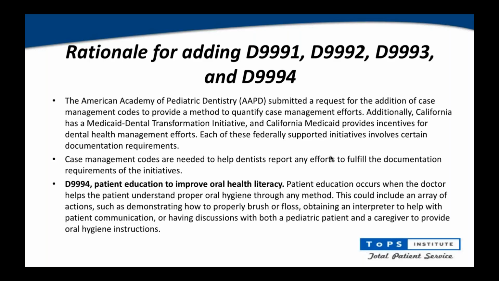And so with these 4 codes, being able to be a good case manager or concierge of care, being the quarterback of the systemic link of the oral health, this gives us 4 great codes to be able to use as we communicate with the different providers of sustaining health, whether it be a parent, a nurse, a doctor or physician, or the child itself. So that pretty much rounds up our brand new codes for 2017.